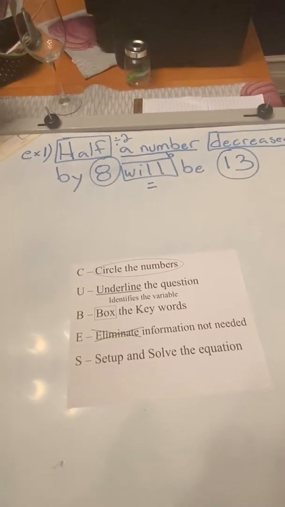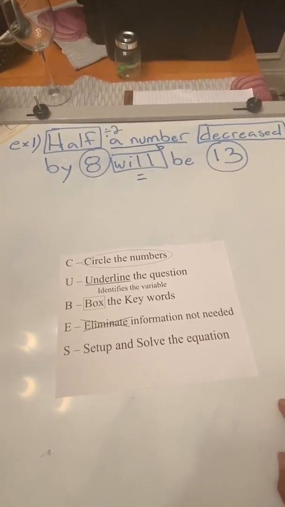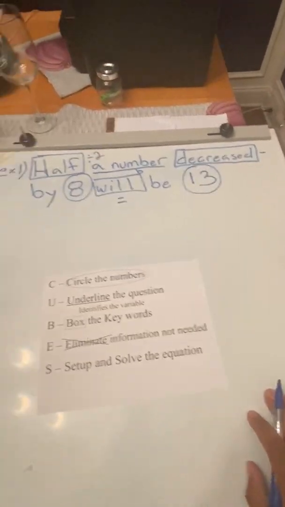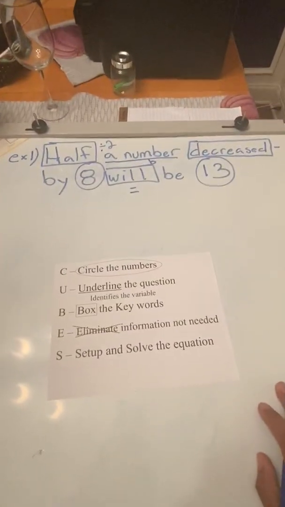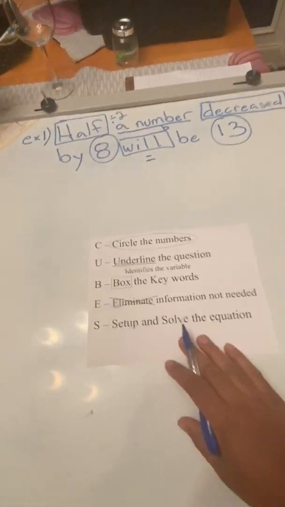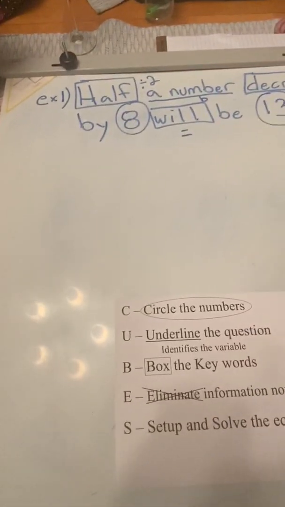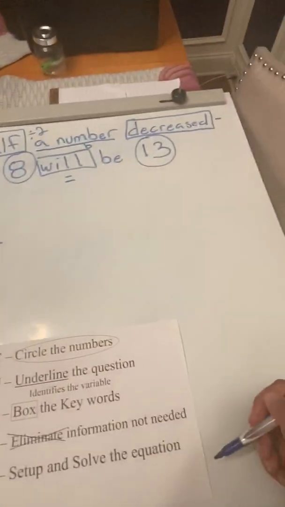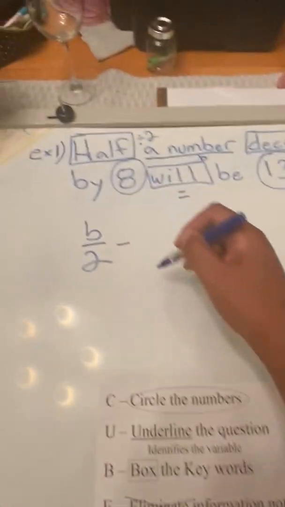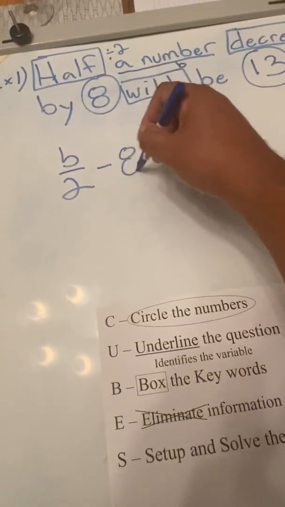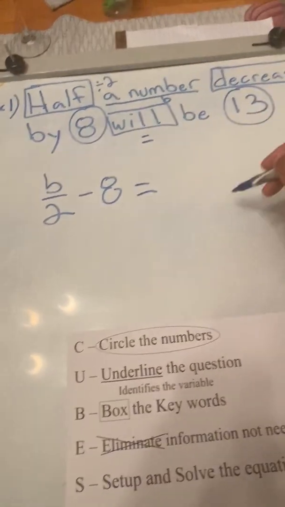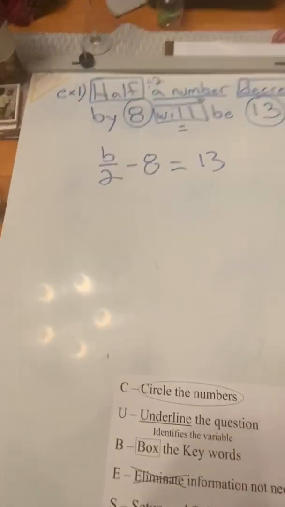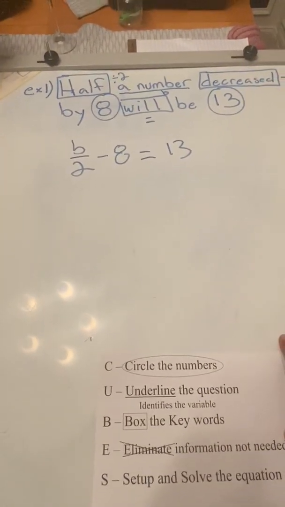Now let's read this. Half of B, or B divided by 2, decreased or minus 8 will be or equals 13. Now we have an equation that we can solve: B over 2 minus 8 equals 13.